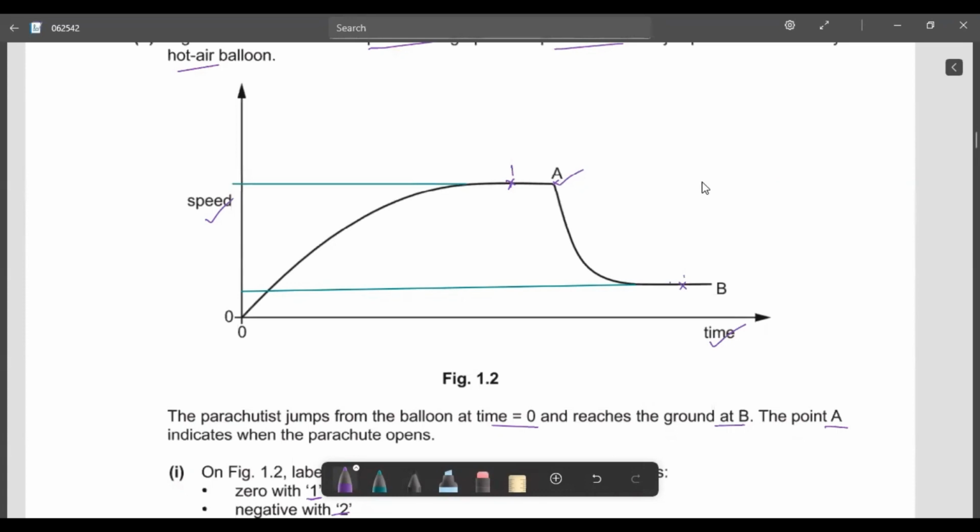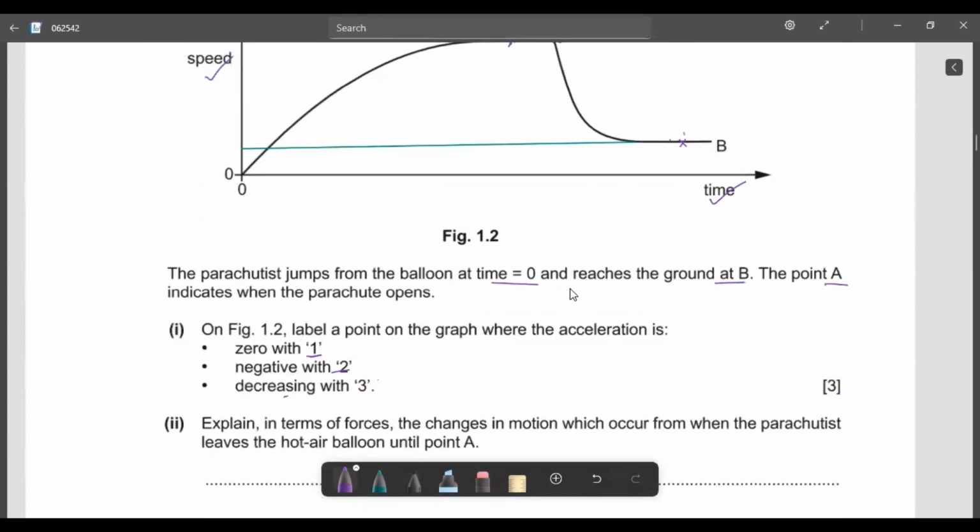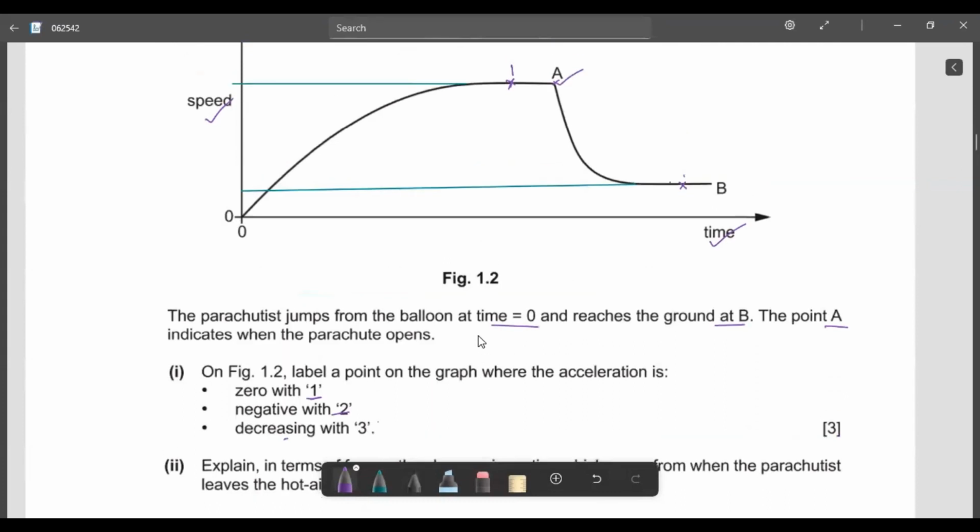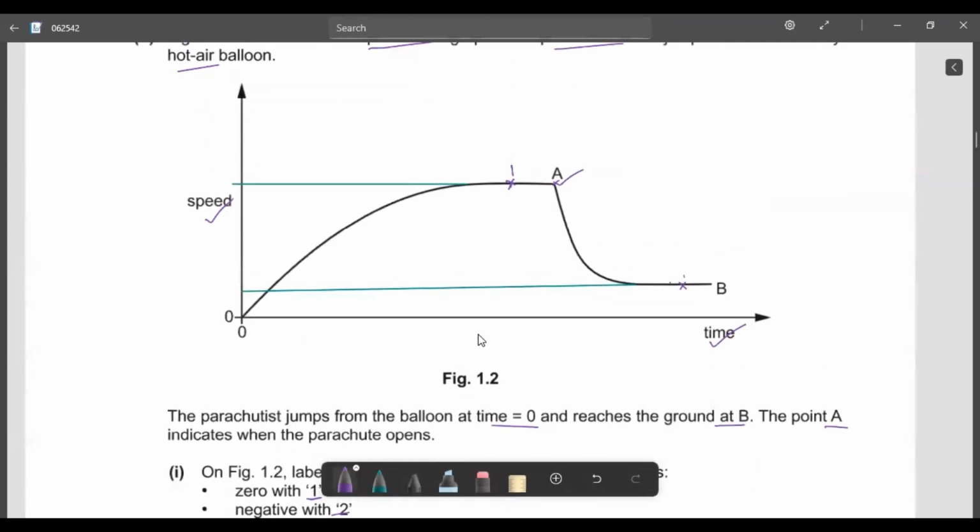Next is negative acceleration. A negative acceleration happens when the parachutist slows down as a result of opposing forces acting against the downward motion. Here the speed is getting reduced. So we can mark it here as point 2, negative acceleration.